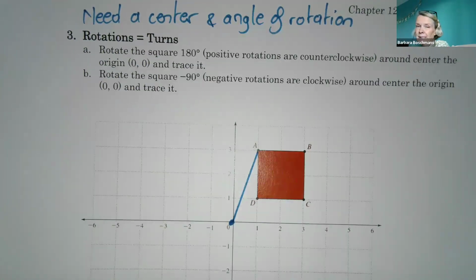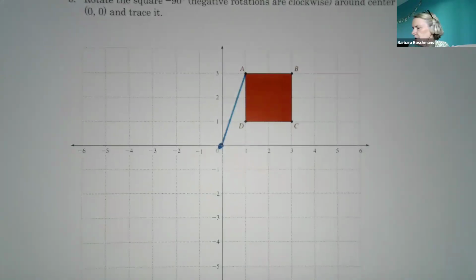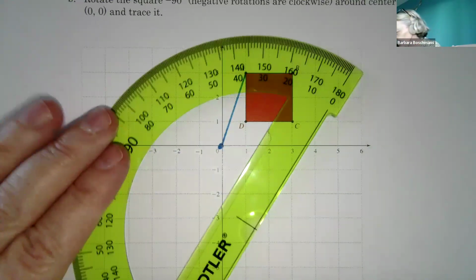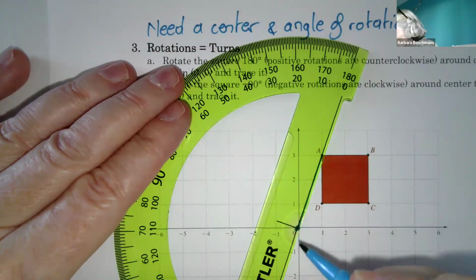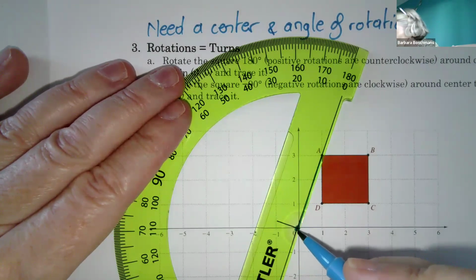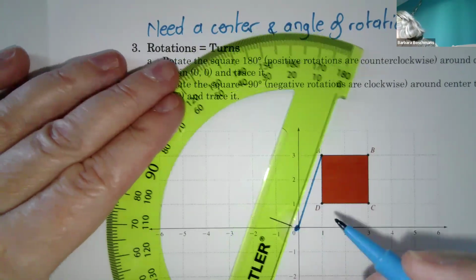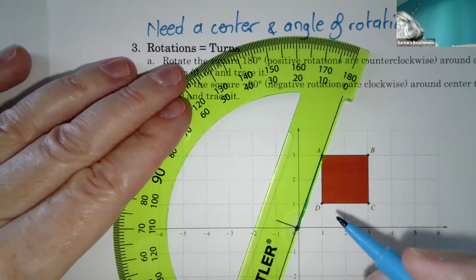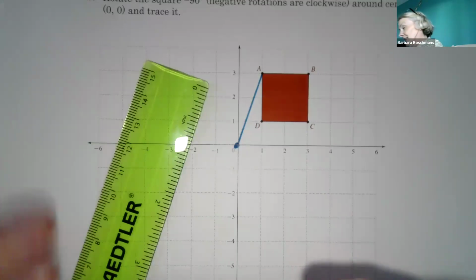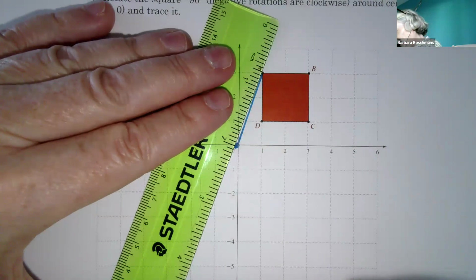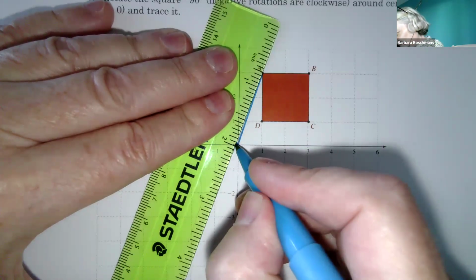Now, the tool needed to measure angles is called a protractor. Looks like this. So I am going to line up. There's usually either an open circle, or mine has these two black lines that meet. And 180 is actually off my page. What I do know, though, is that 180 degrees is a straight line.